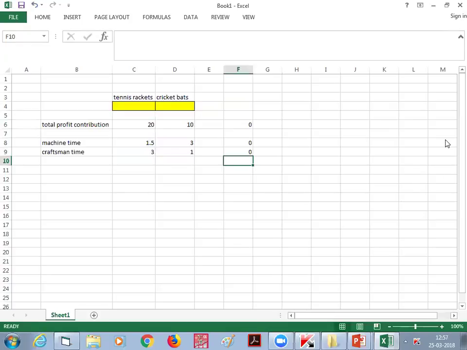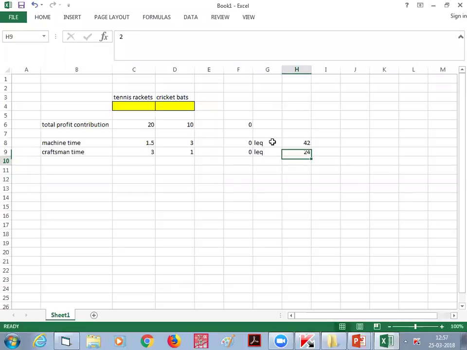Fixing the absolute reference, it's called, not absolute value. Okay. So now the constraints I'm going to write down here, less than or equal to how much? 42 and 24.